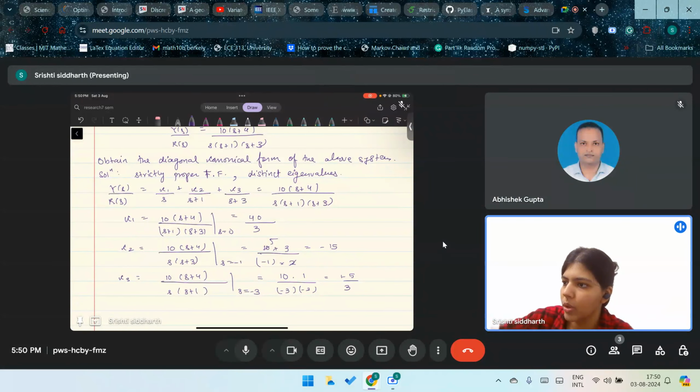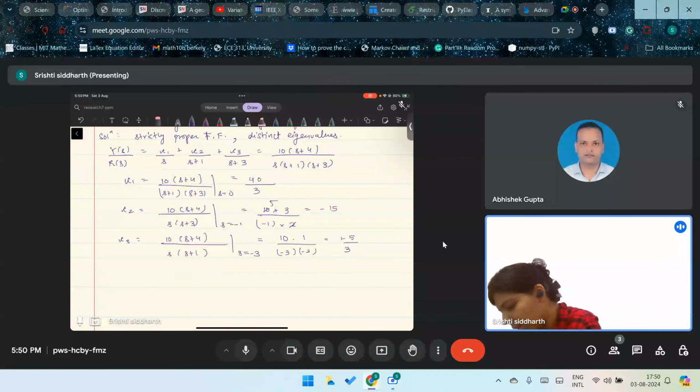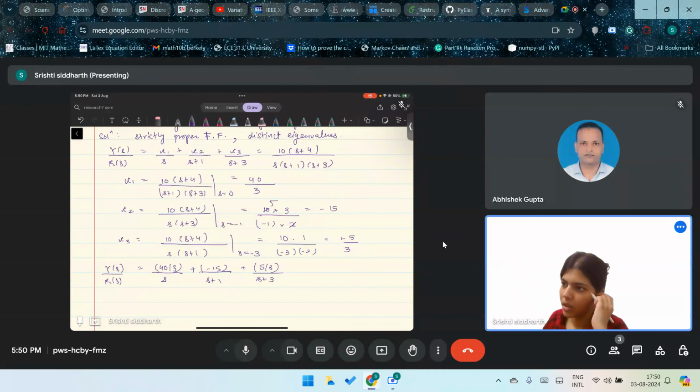Okay, so now we know what the partial fraction expansion looks like. Let me just write that down. Y(s) over R(s) is going to be 40 over 3 s. So this is going to be minus 15 upon s plus 1 minus 5 s plus 3.